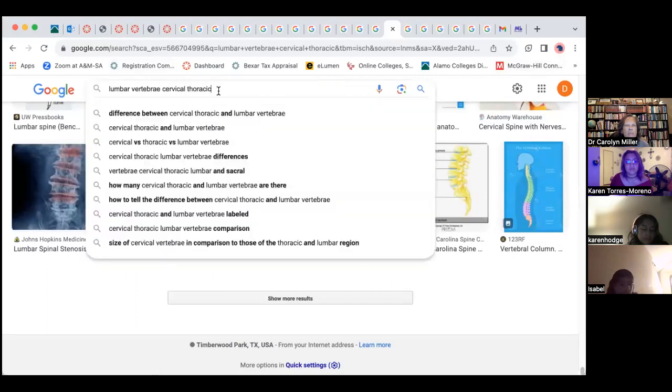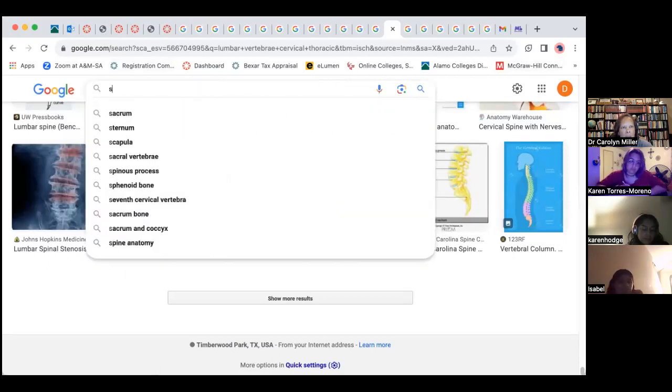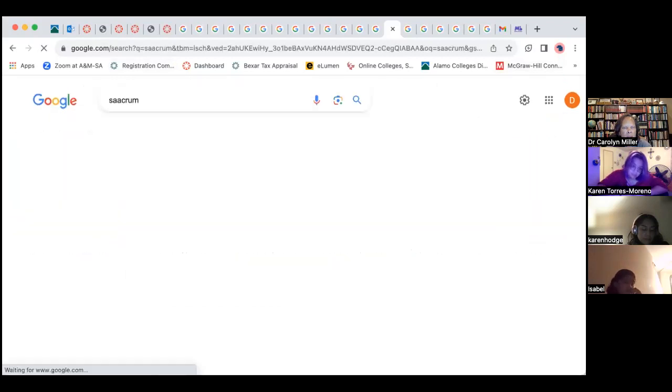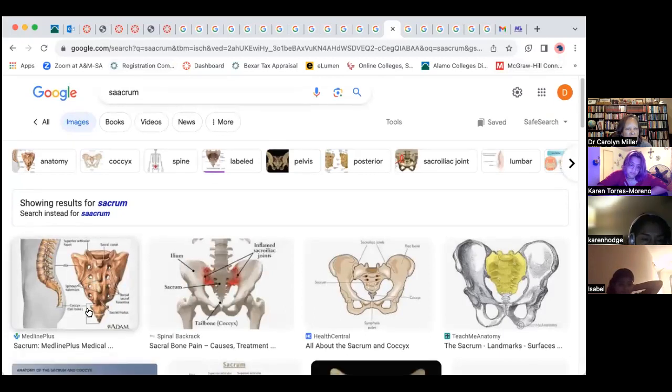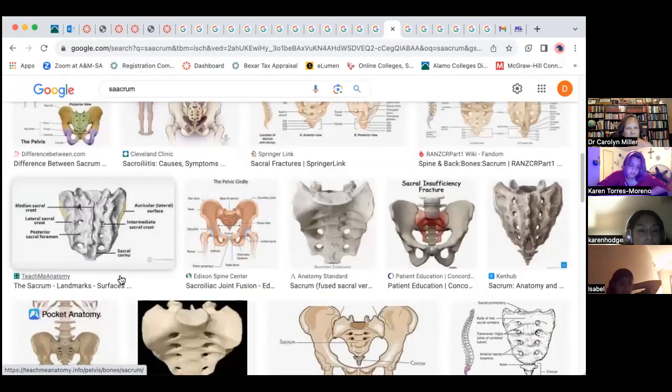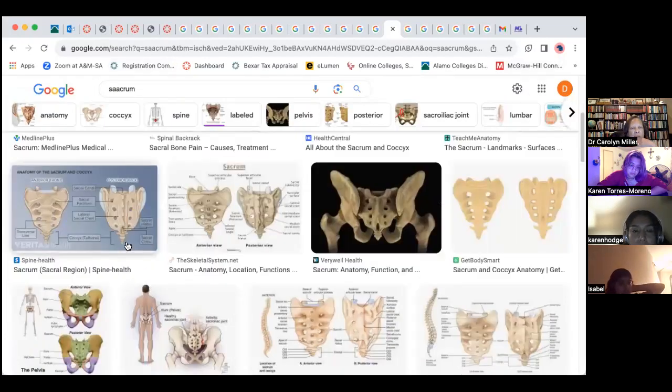So here's the sacrum and coccyx. Perfect. There it is. And here's the coccyx right here below. So this part is the coccyx. This is the sacrum. Sacrum, and here's the coccyx. Those are generally both together.